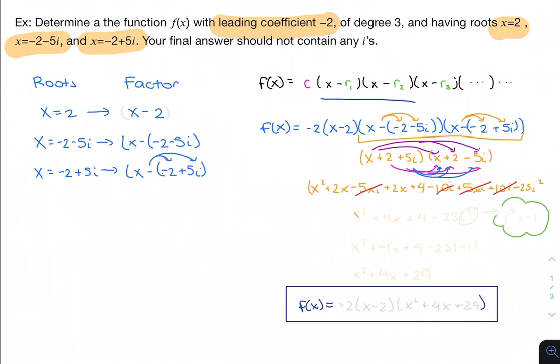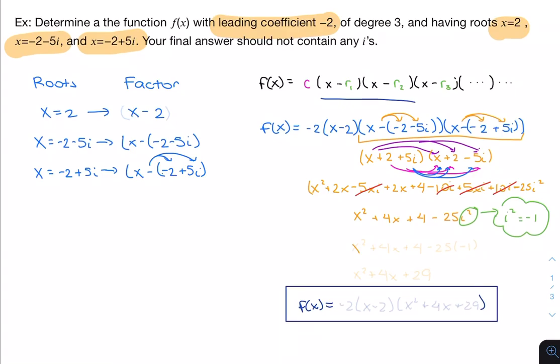So combining like terms, we get x squared plus 4x plus 4 minus 25i squared. But remember that i squared is actually the same thing as saying negative 1.